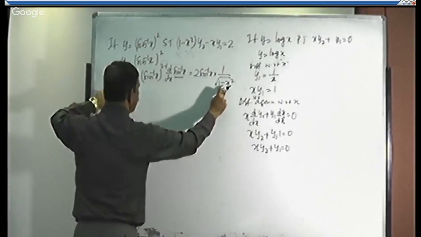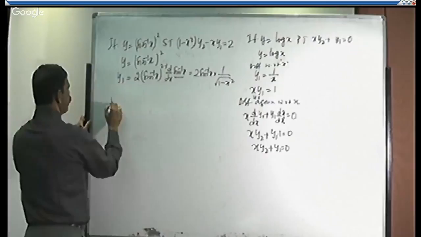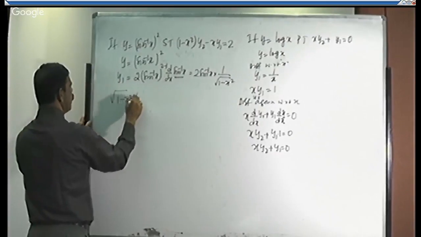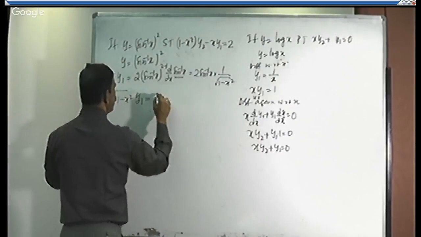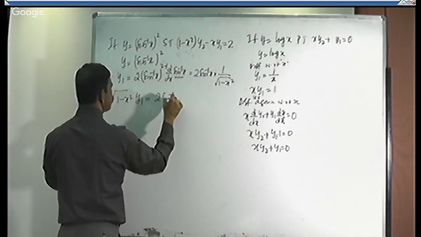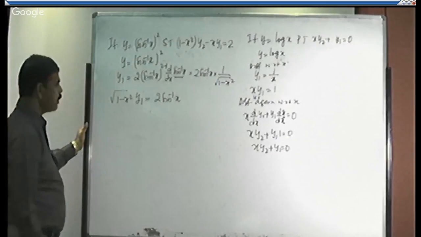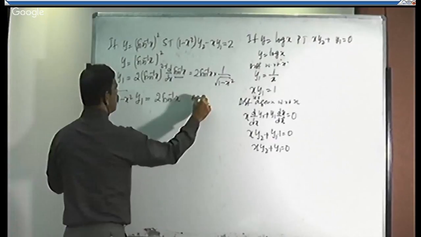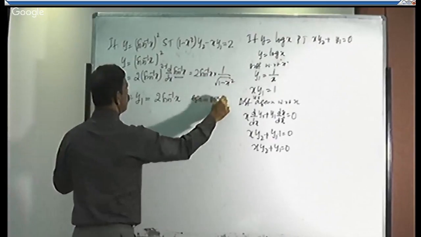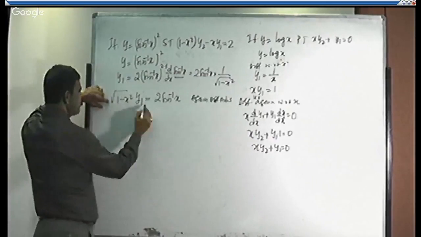Now, you just cross multiply. Root of 1 minus x square into y1 is equal to 2 into sine inverse x. Right? Again differentiate on both sides. What you will get? How to differentiate the left hand side?